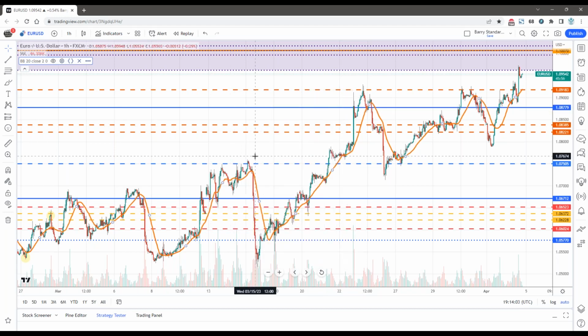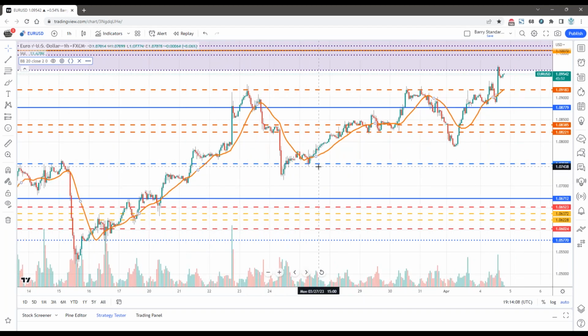Okay, the only thing I have on my chart right now is my candlesticks and this gold line. This gold line is a 20-period moving average. It is the center line and the basis for building your Bollinger Bands.